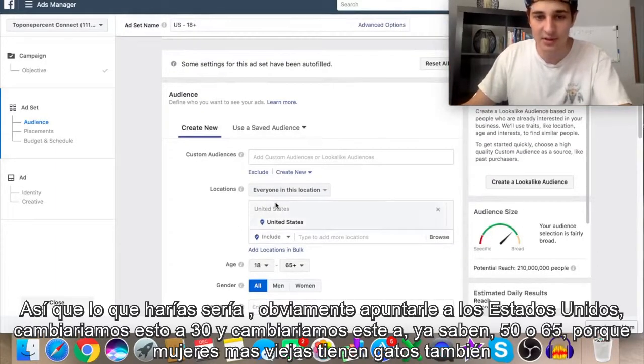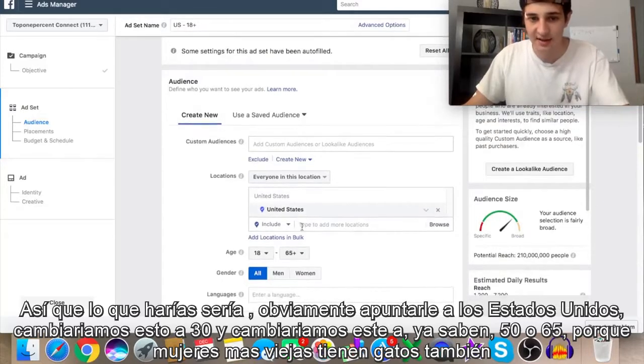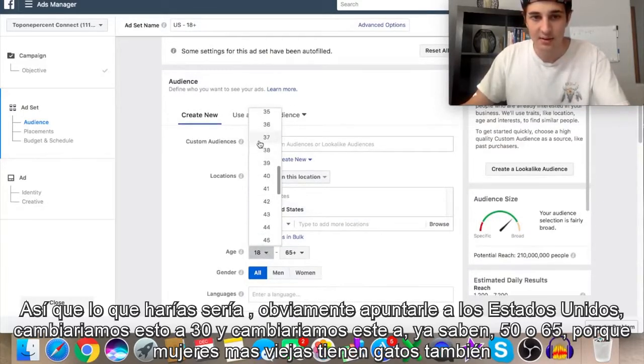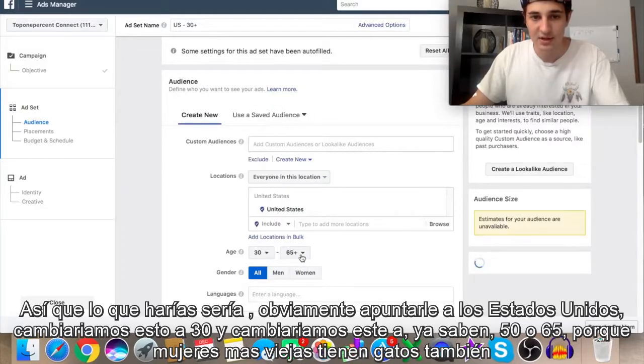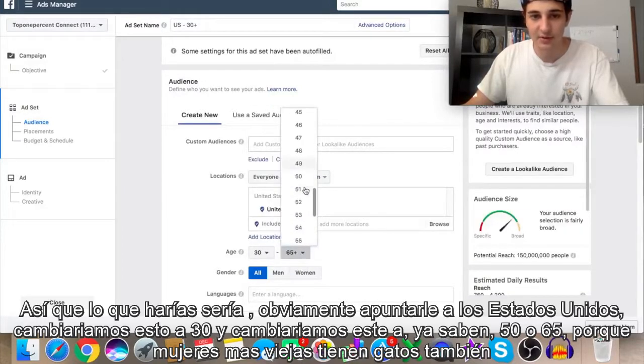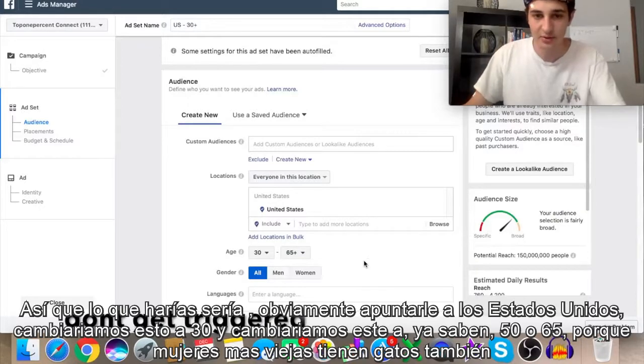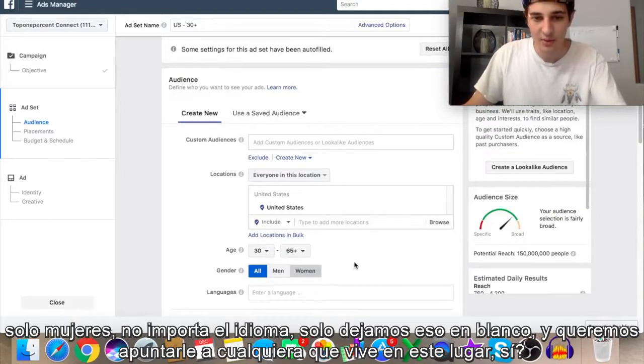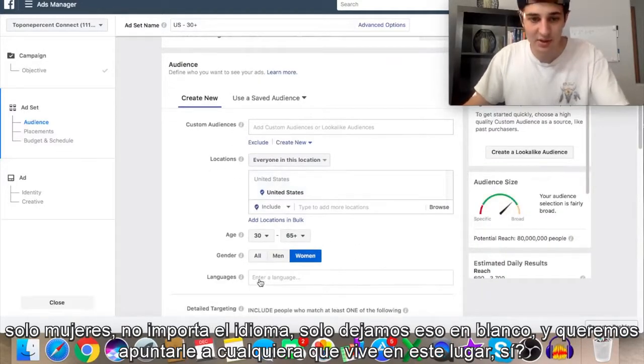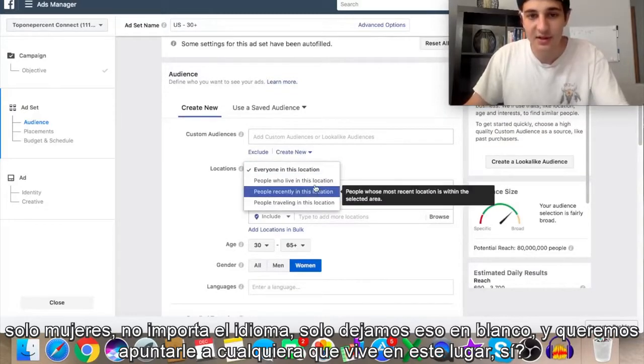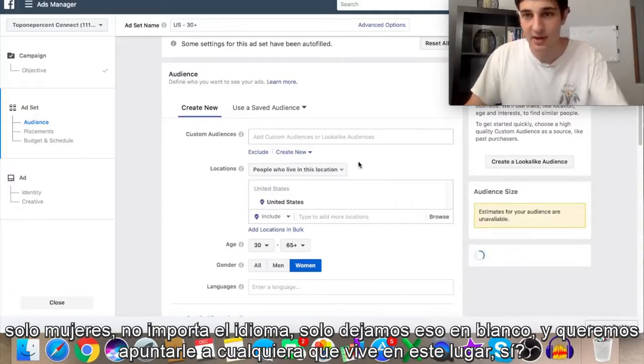So what you would do is, obviously, we would just target United States. We would change this to 30, and then change this one to 50 or 65, because usually older women have cats as well. Only want women. It does not matter what language, we could just keep that blank. And then we want to target everyone that lives in this location, right?